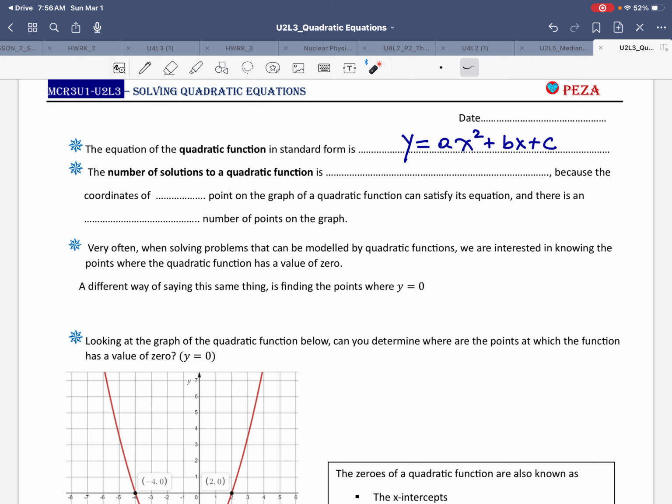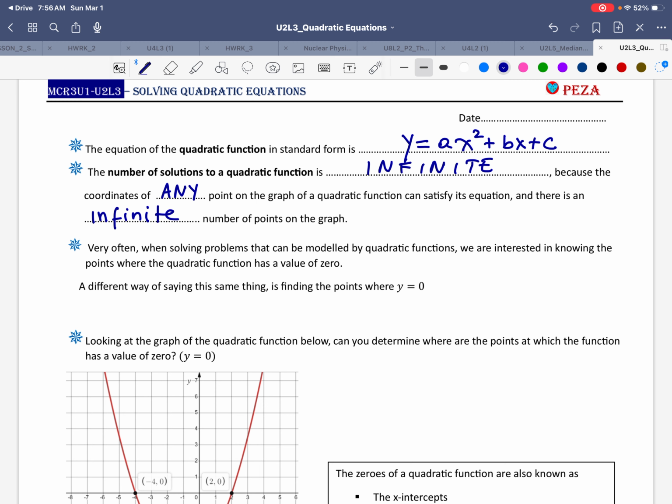So we're going to say that the number of solutions to a quadratic function is infinite. And the reason why is because the coordinates of any point on the graph of the quadratic function can satisfy the equation, and there is an infinite number of such points on the graph.